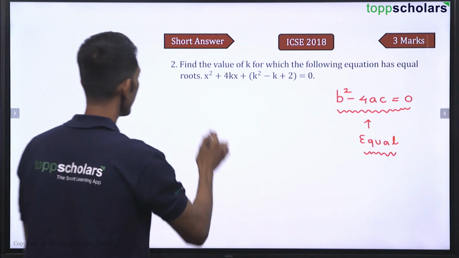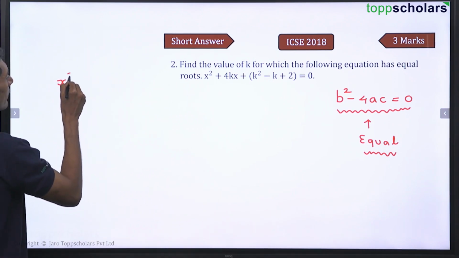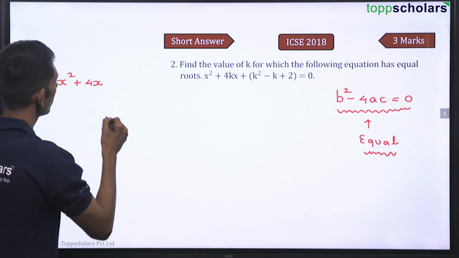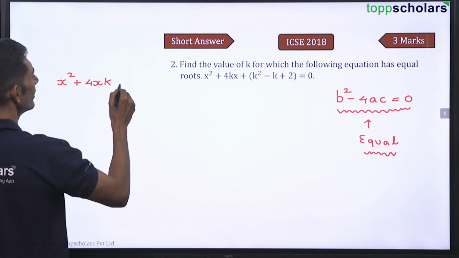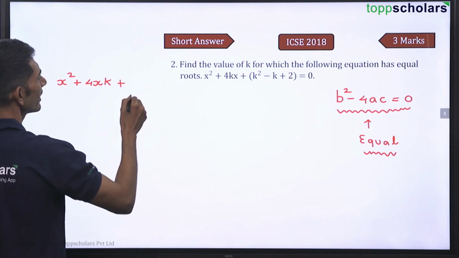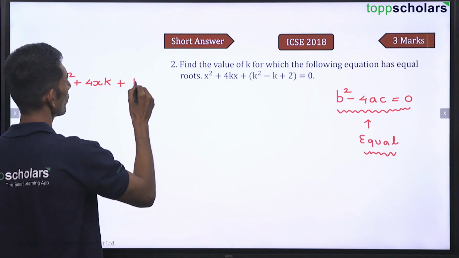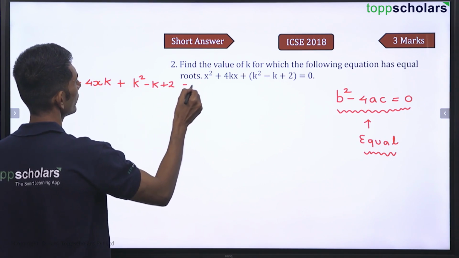Okay. So we have x square plus 4kx, same thing, don't worry, plus k square minus k plus 2. So we have k square minus k plus 2 equal to 0.